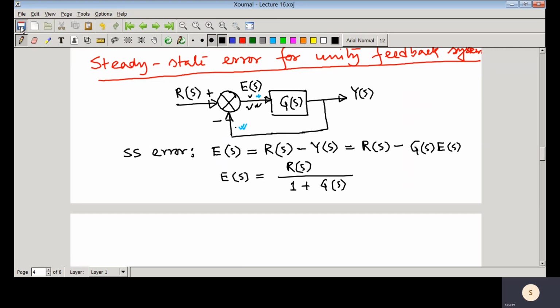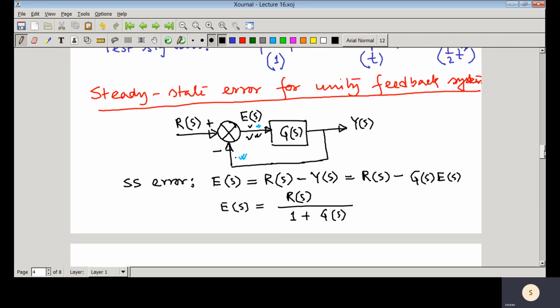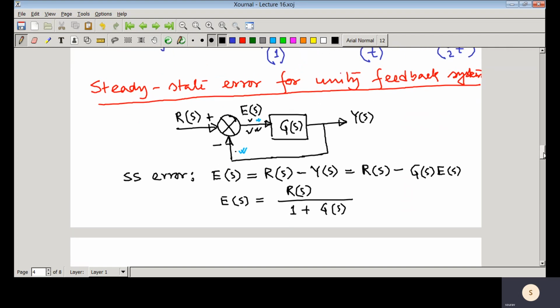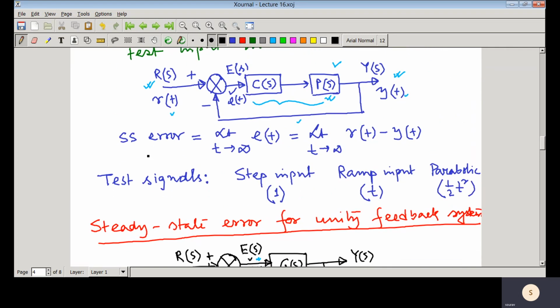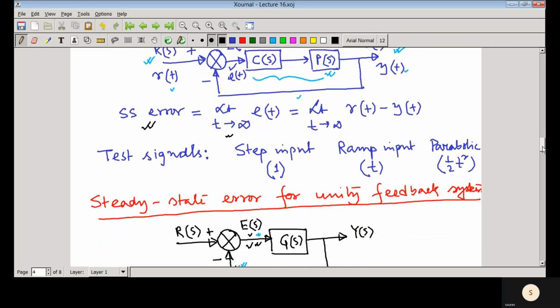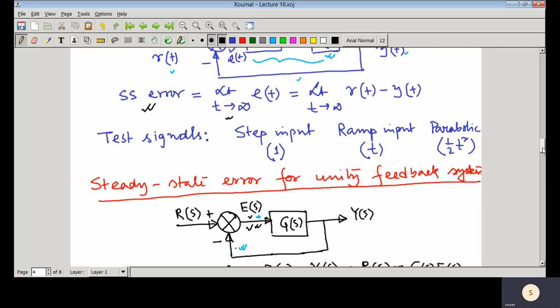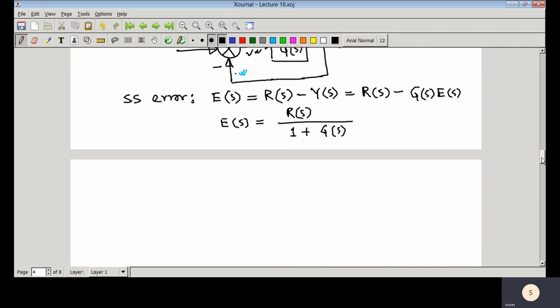So now we can find what would be the steady state error in time domain, because you can see here the steady state error when time t tends to infinity, e(t). And now what would be the steady state error? We can get it just by applying the final value theorem.